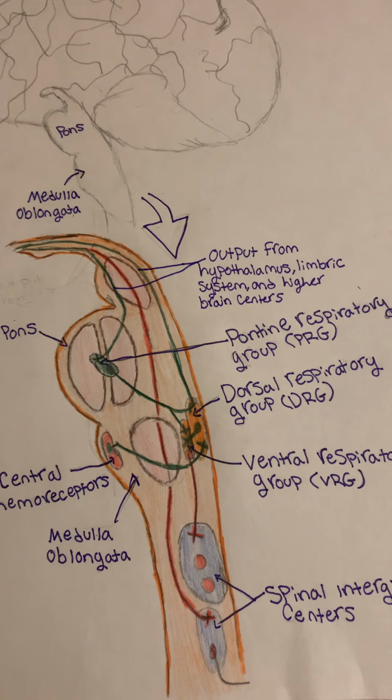So I have the VRG, and it's sending signals to the spinal integrating center. And the spinal center relays signals through phrenic nerves to the diaphragm, through intercostal nerves to the external intercostal muscles. And those are going to be between these rib cages.